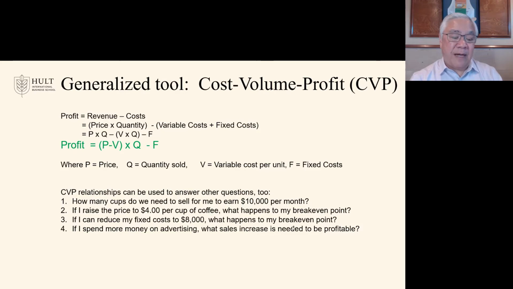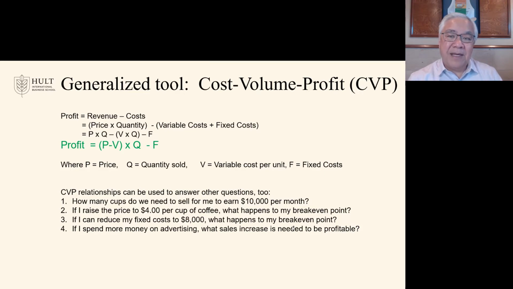And third, if I can reduce my fixed cost to 8,000 by saving cost on rent or negotiating harder or maybe hiring a less expensive manager, what happens to my break-even point? And the fourth example is if I spend more money on advertising to generate traffic, how much do I have to increase sales by in order to make that a profitable investment?